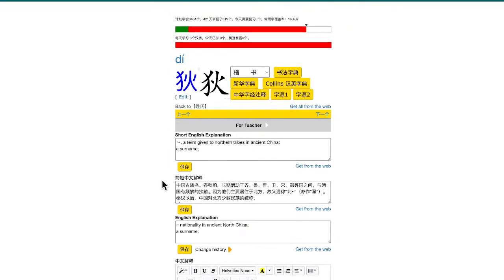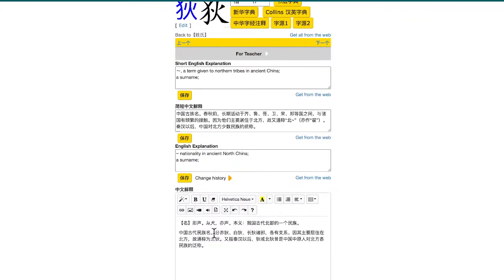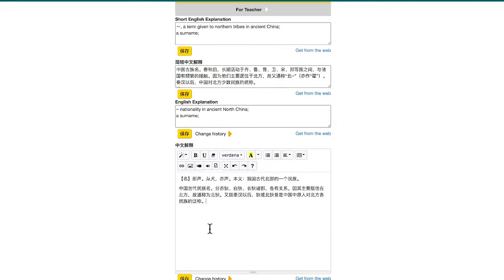Now 狄 means a term referring to northern tribes in ancient China. It's called Beidi. Beidi. And then, later, this is also a surname. Okay, it's a surname.